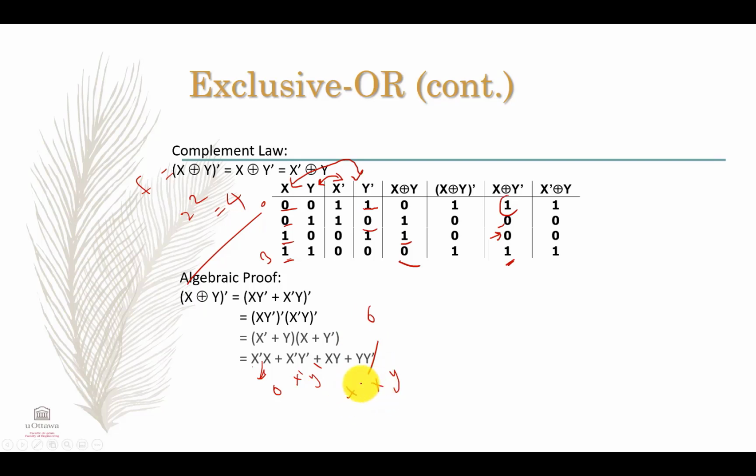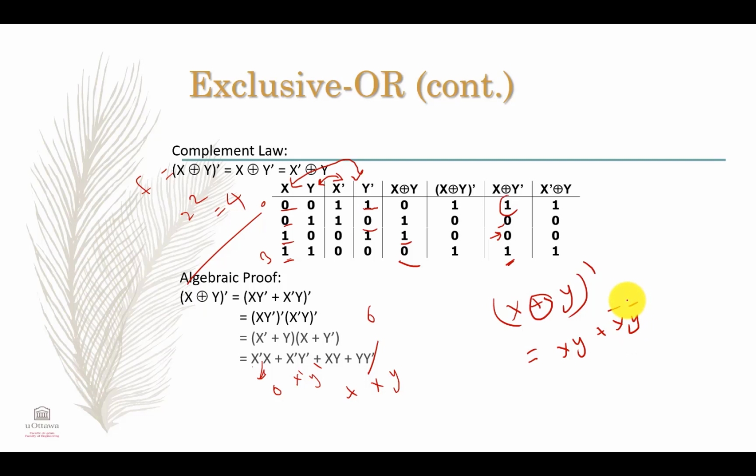So, guys, x exclusive OR y, all of it complemented, will be equal to x y plus x prime y prime.